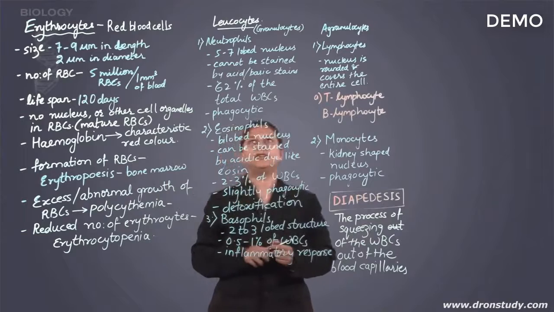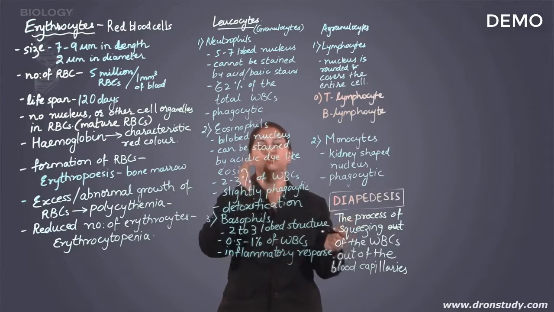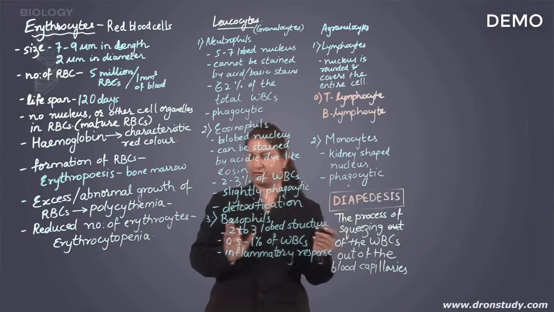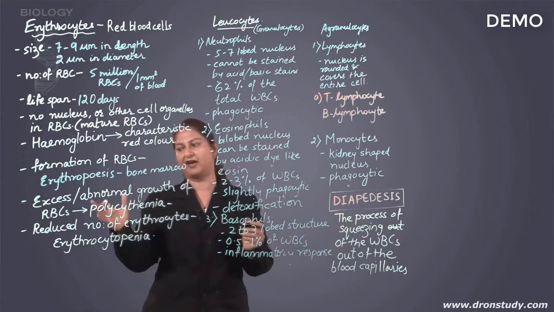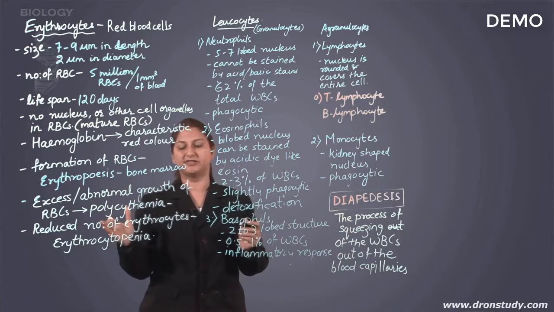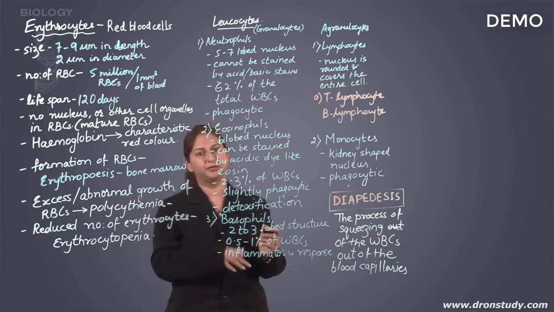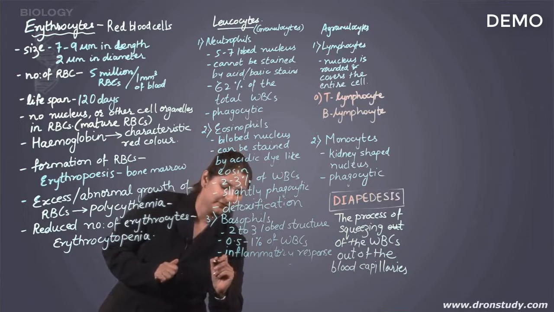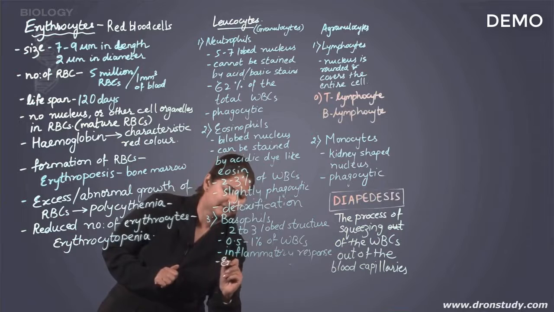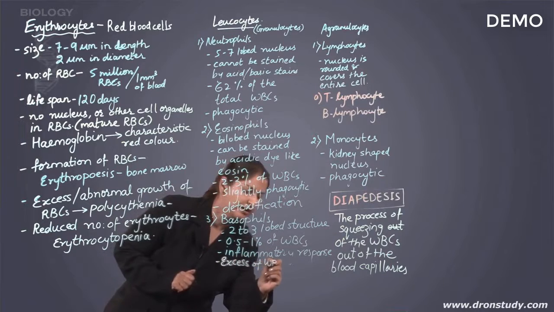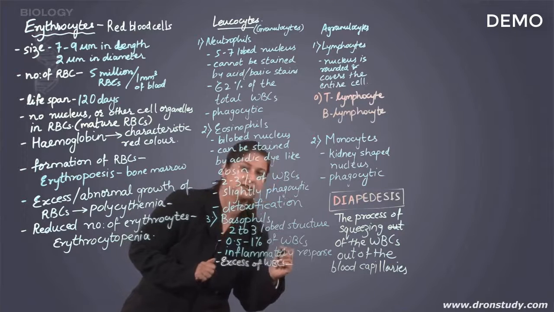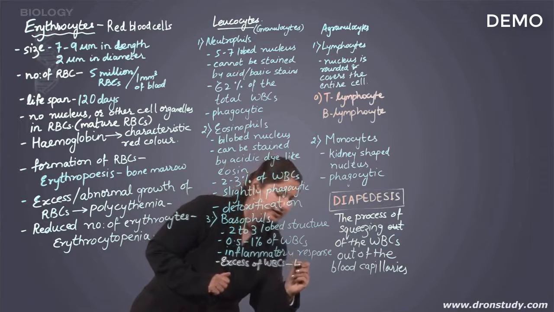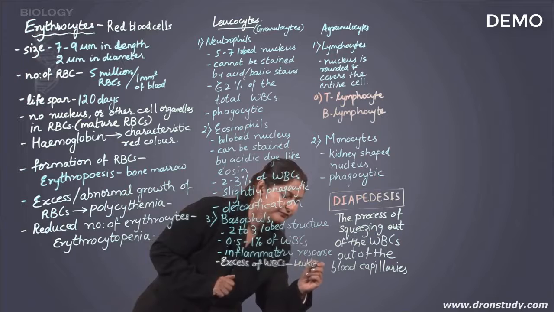And now we can see the disorders related to leukocytes. We'll note it down here. Just as we have the excess number of RBCs produced, we also have a similar problem in the leukocytes, and that is when we say that an excess amount of WBCs are produced, the disease that is caused is leukemia.